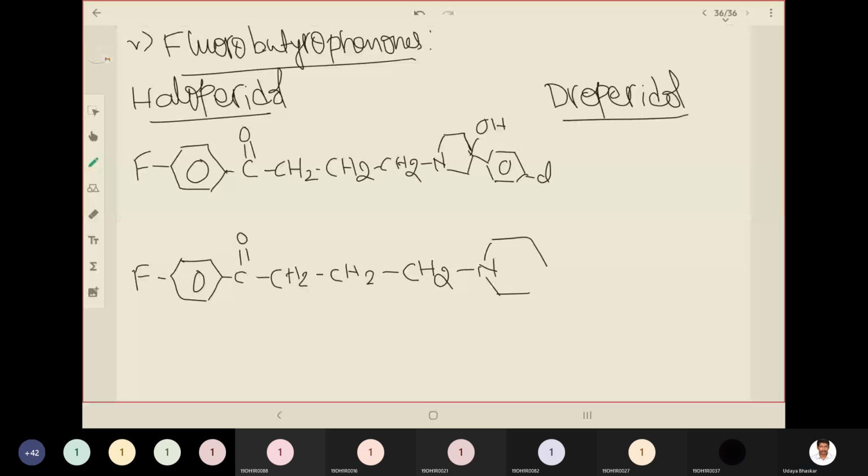Okay, so this is all about fluorobutyrophenols. The next category is benzisoxazole, the sixth category.